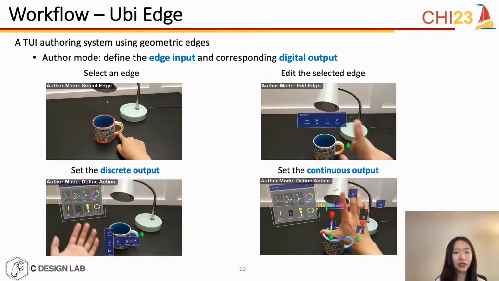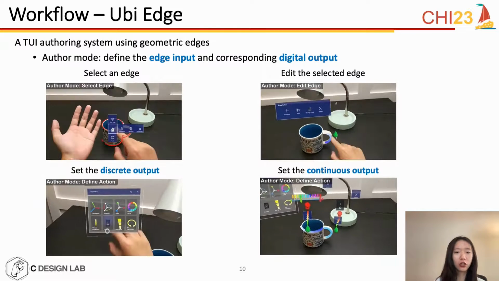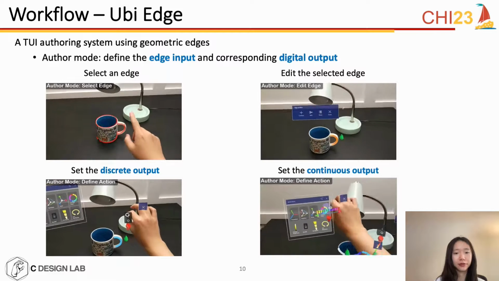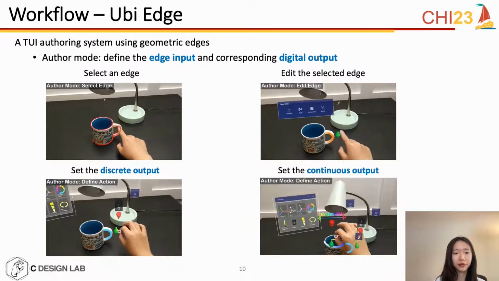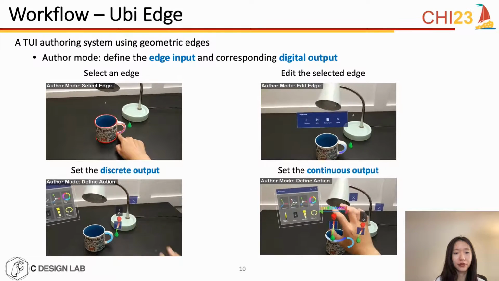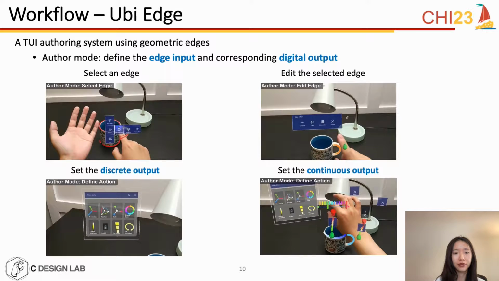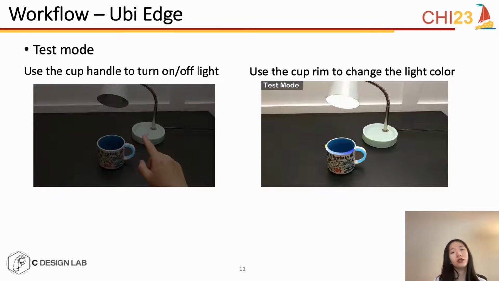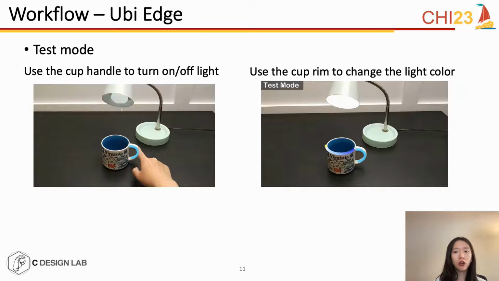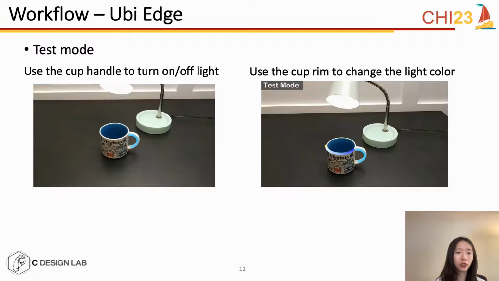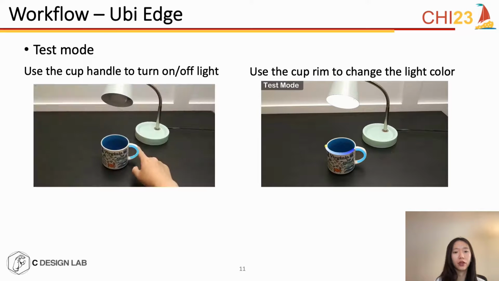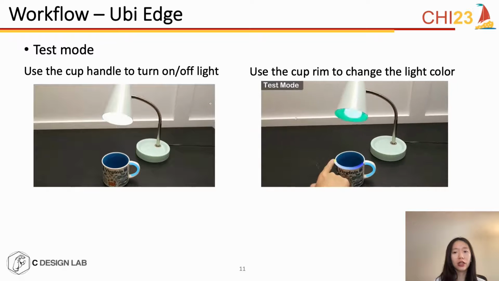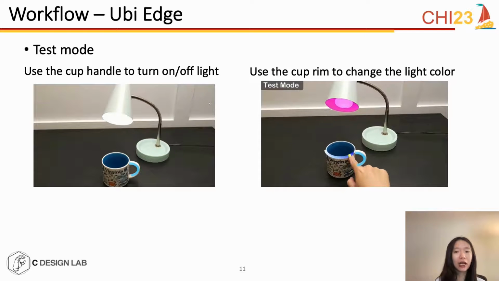Here, the user sets a coupling to adjust the color of the smart lamp. Now, the user can turn on or off the lamp using the handle of the cup. Or the user can adjust the lamp color by sliding left and right along the rim of the cup.